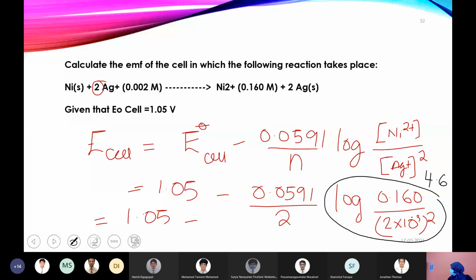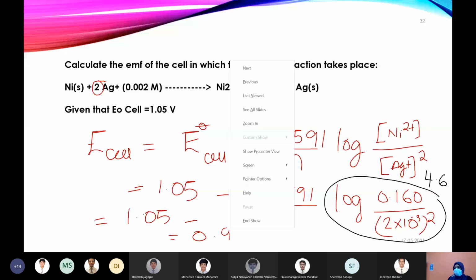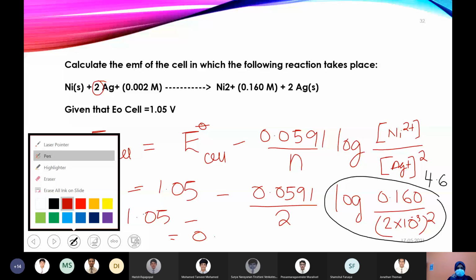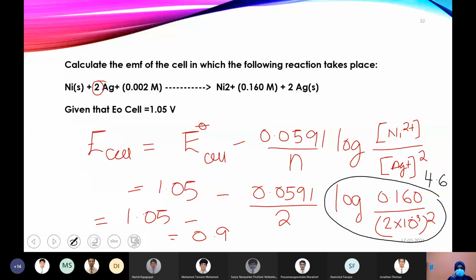Just a minute. 0.9, right? Is 0.92? 917. Volt.